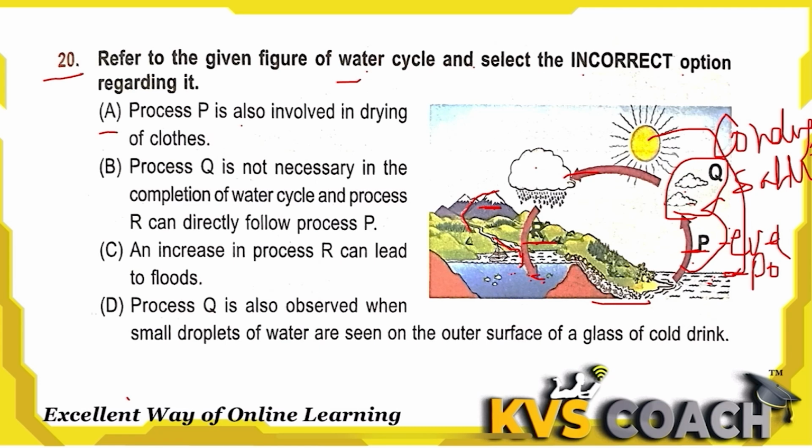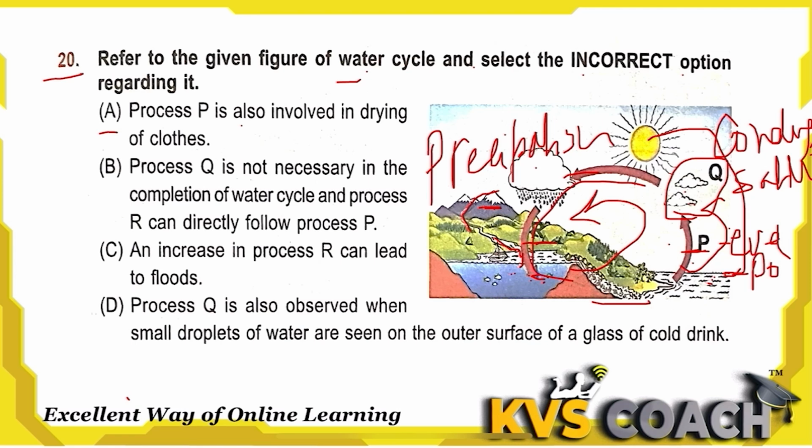This is known as precipitation. So this is the water cycle. Actually it moves like this. Then this water again changes by evaporation into vapor. These vapors condense and make clouds and change into rainwater again.